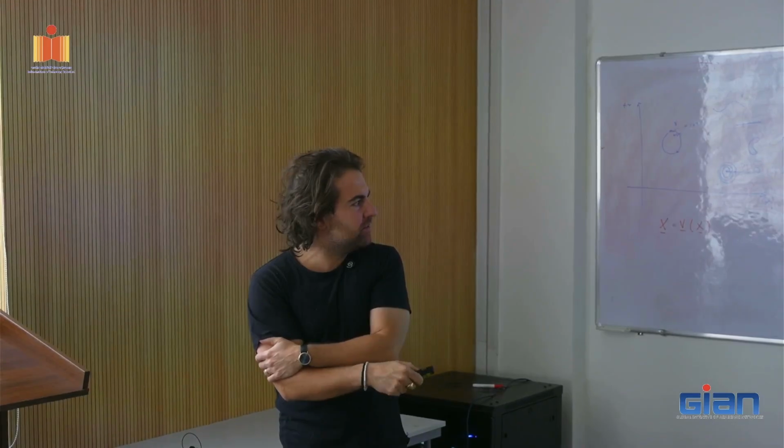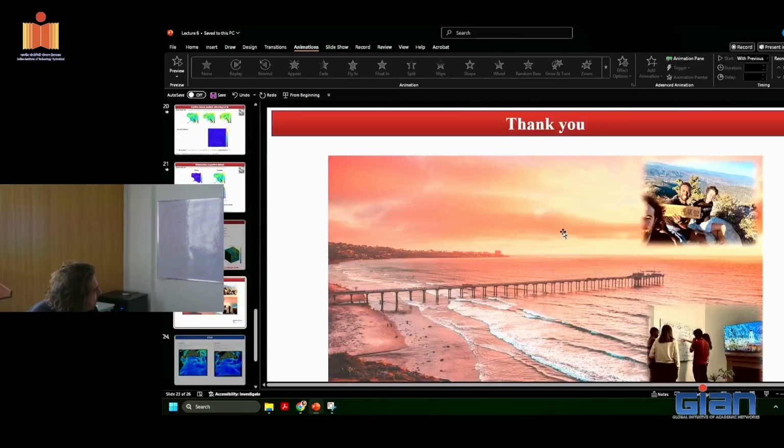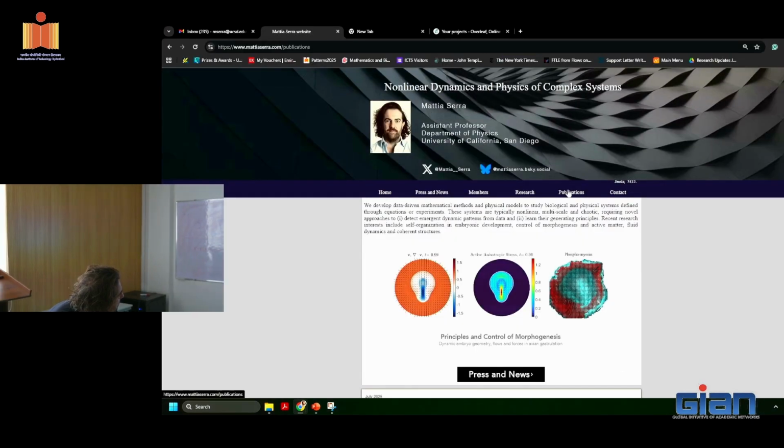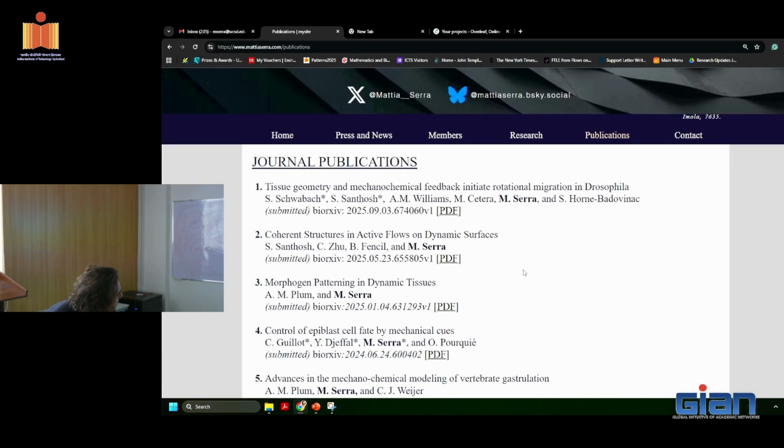Actually, on the website, we have codes for all these papers. Usually there is a code with it. If you go here in publications, usually each paper is also going to have a code.